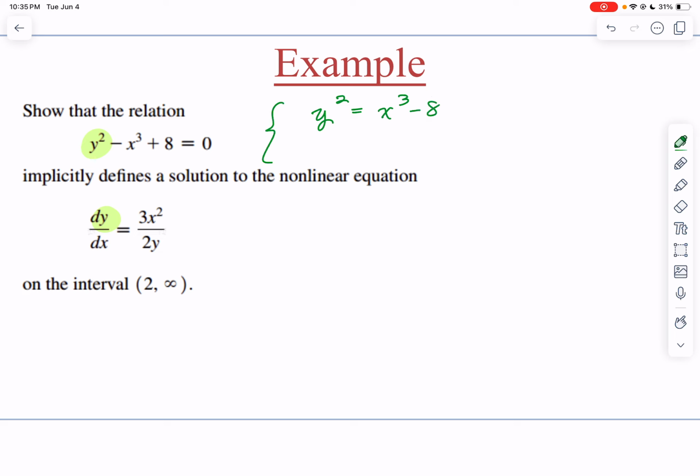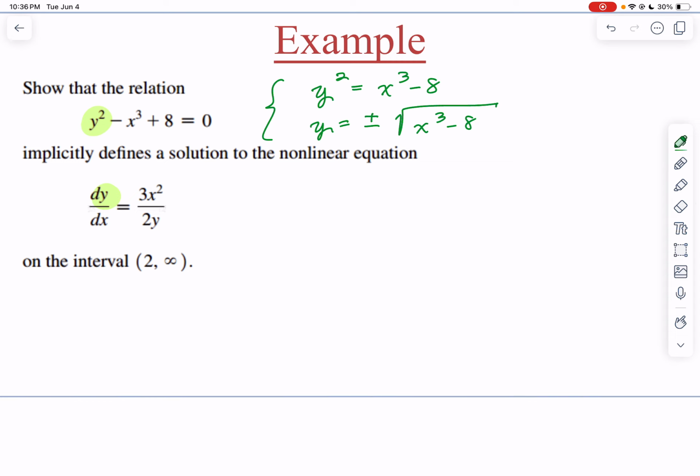And so we have y is equal to plus or minus the square root of x cubed minus 8. So let's go ahead and see if this function is, now we would have an explicit solution to this given differential equation, okay?